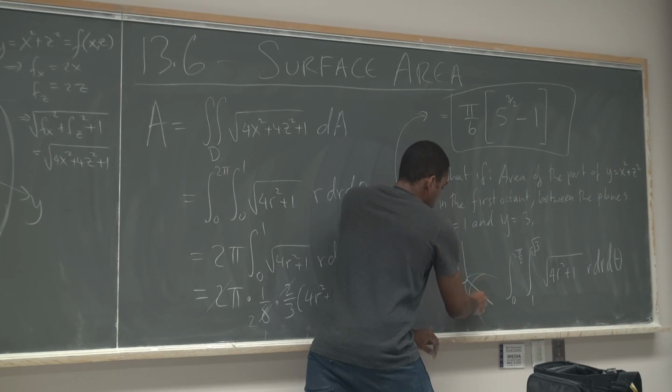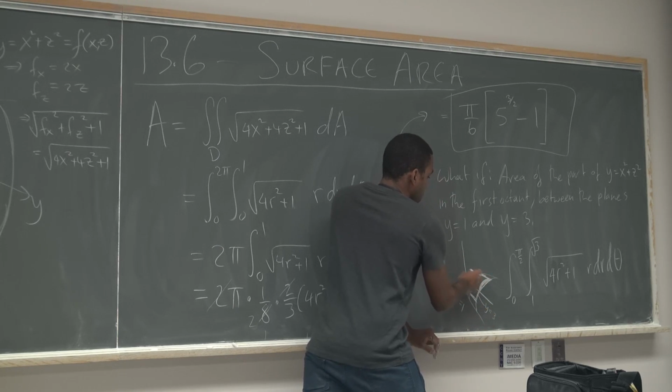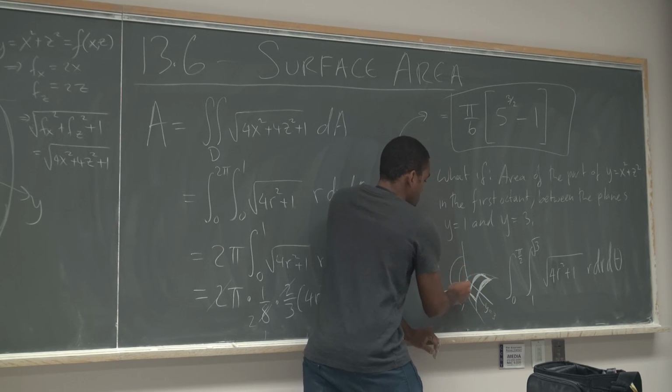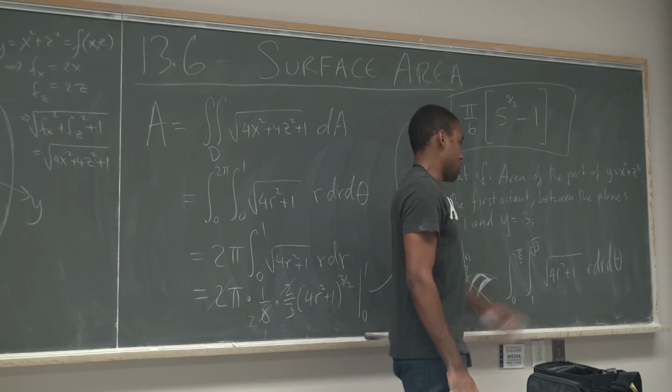There's the plane y equals 1 and the plane y equals 3. So you're just getting this part of the surface here that's in the first octant between the planes y equals 3 and y equals 1. The region of projection would just be a part of an annulus between 1 and radical 3.